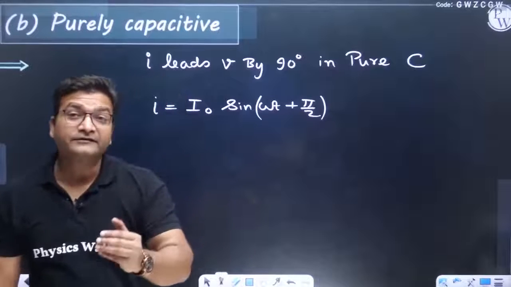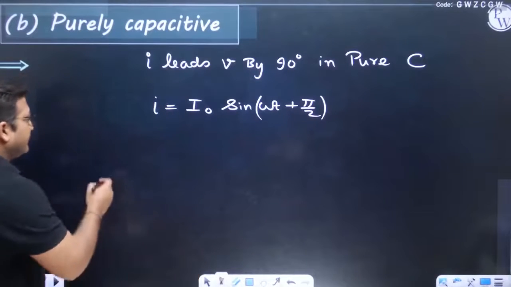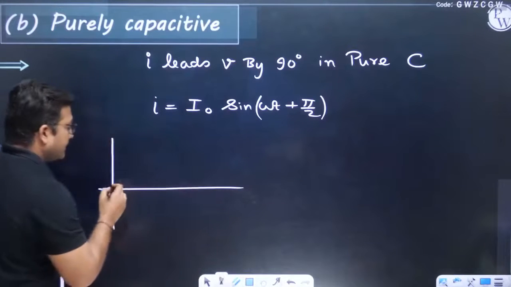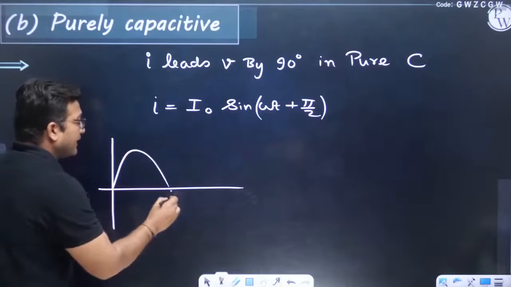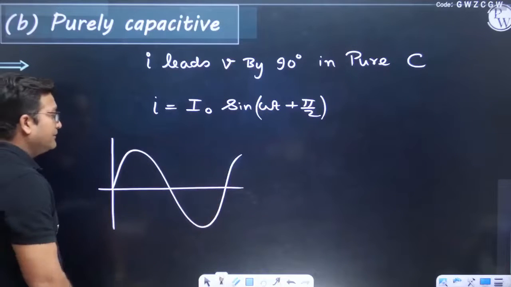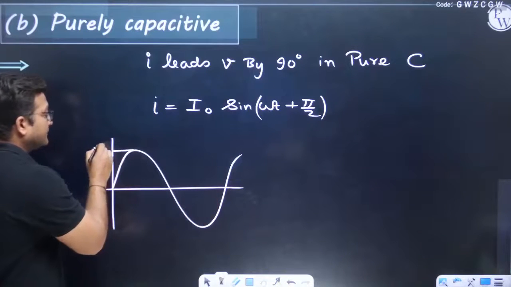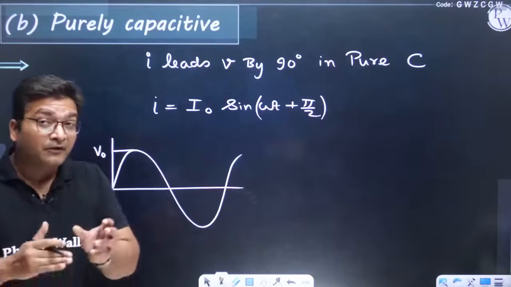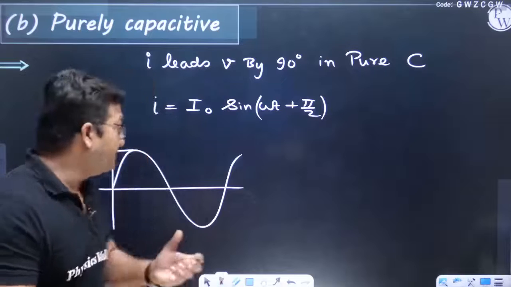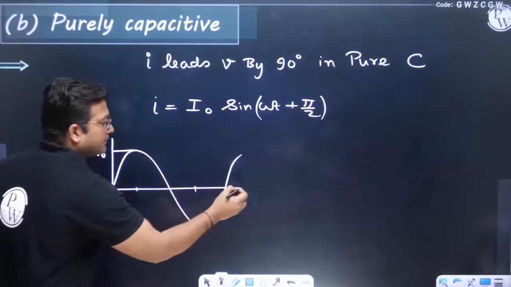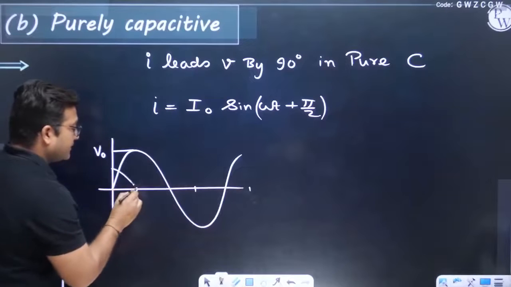If we try to draw the waveforms, voltage has a waveform like this, the maximum is V naught. The current's waveform would be shifted 90 degrees backward because it is leading, so it is something like this.